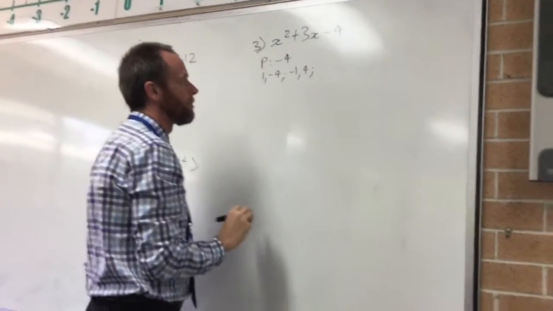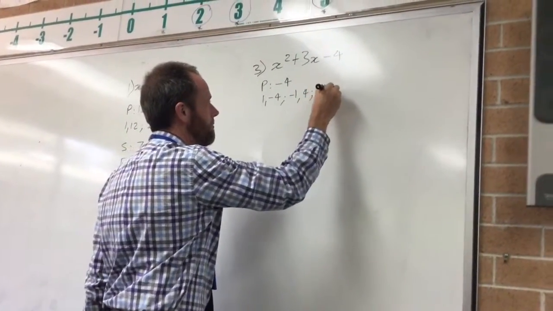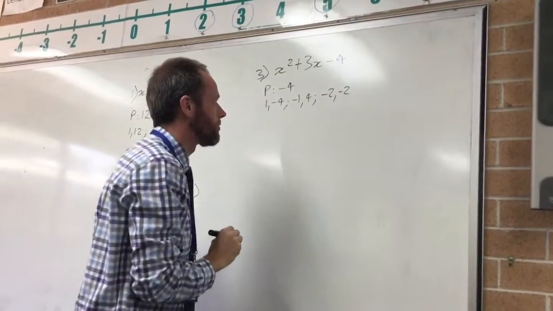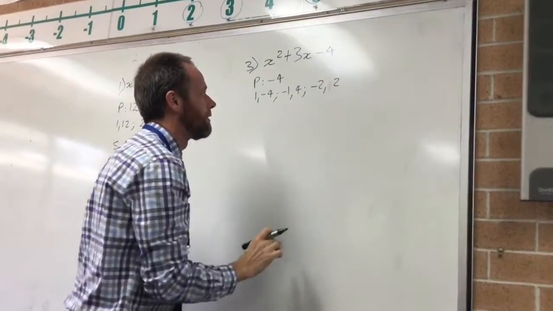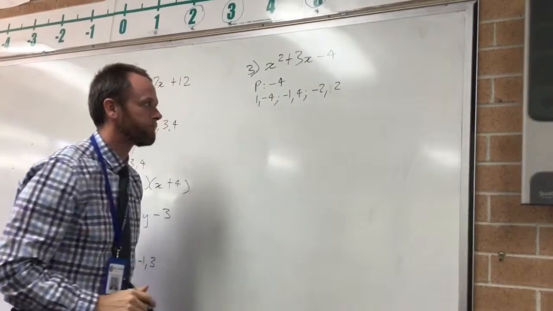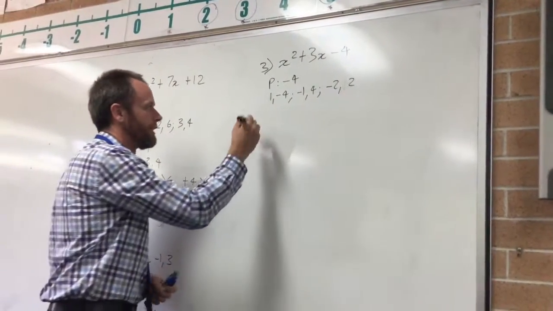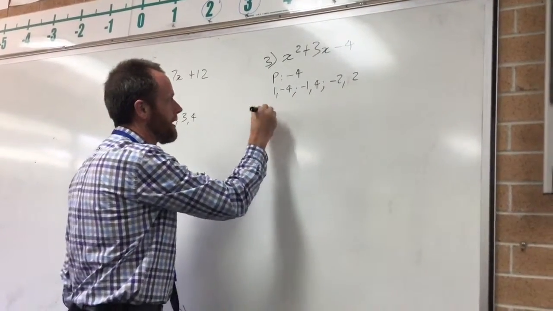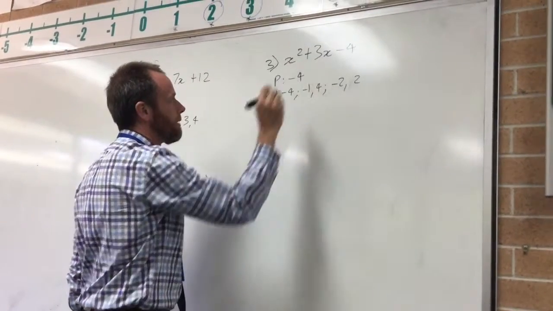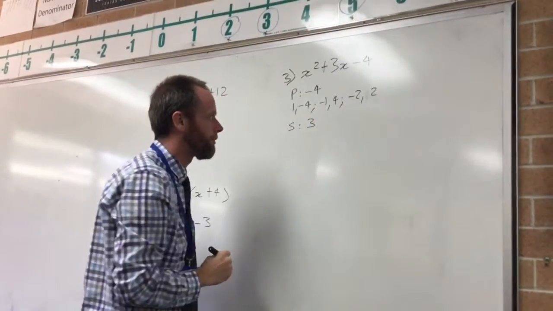But also for 4, I've got 2, and it can only be minus 2 and positive 2 for it to work, because a negative times a positive gives a negative. My sum must add to give positive 3.